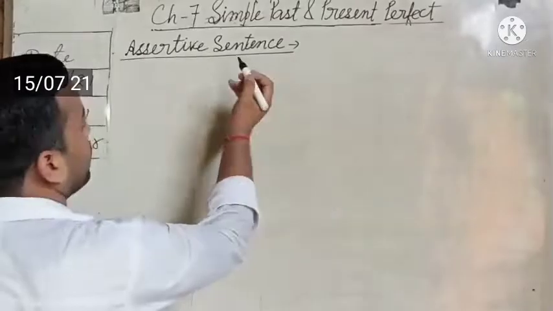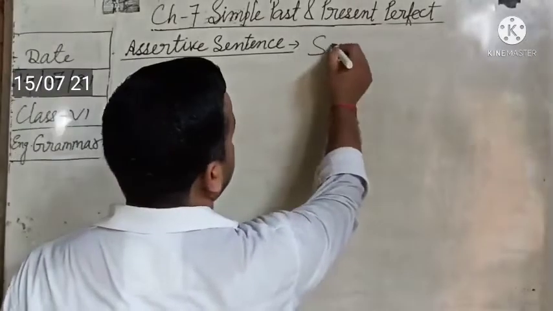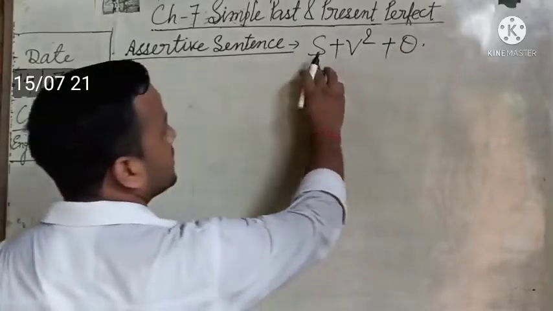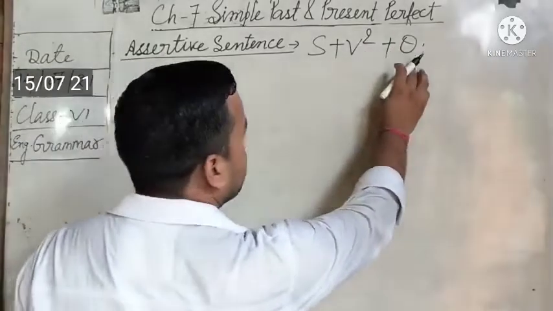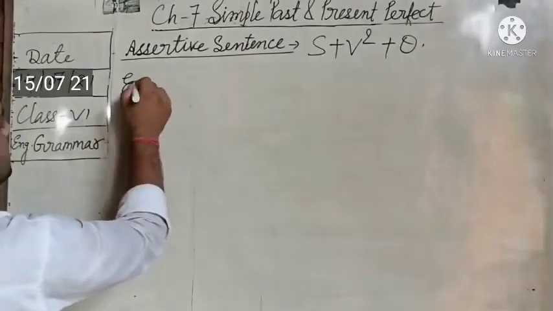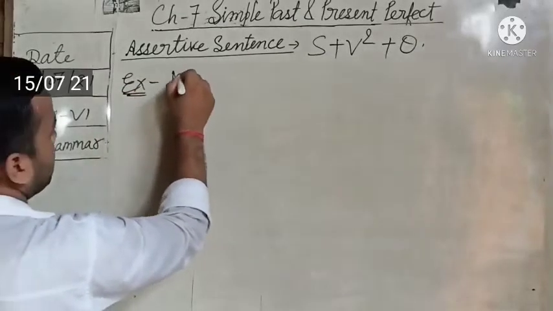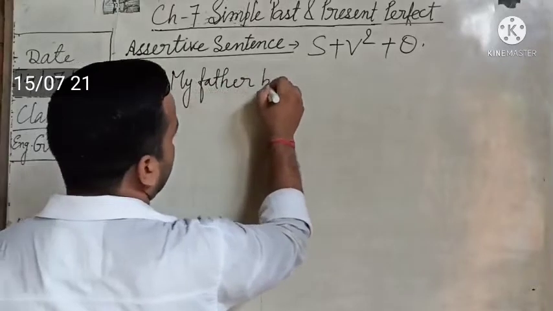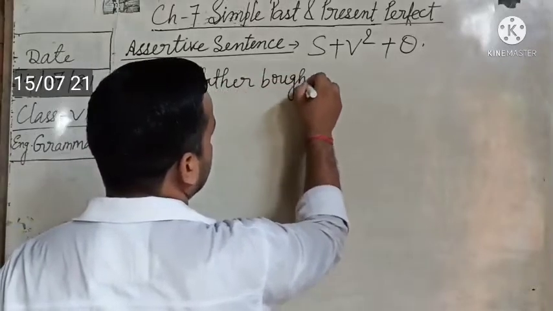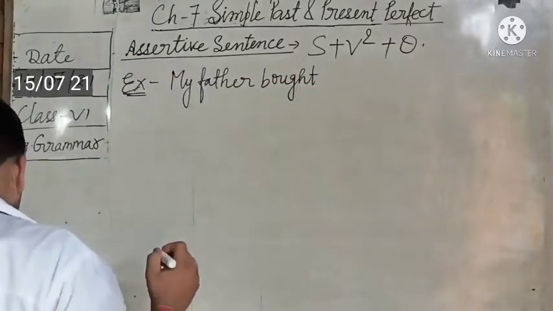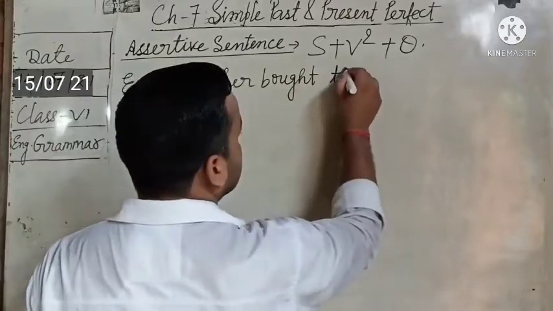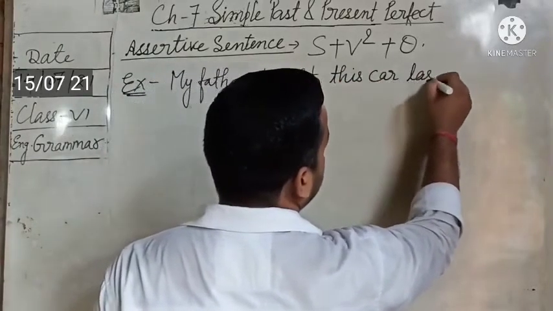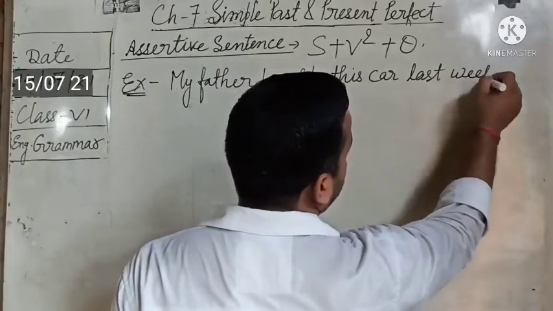Students, now see the formation of assertive sentence. What is the structure of an assertive sentence? Subject, then main verb second form, and then object. See the example. My father bought this car last week.